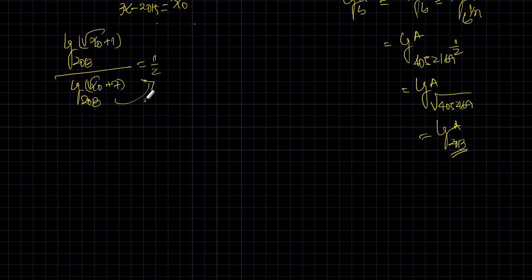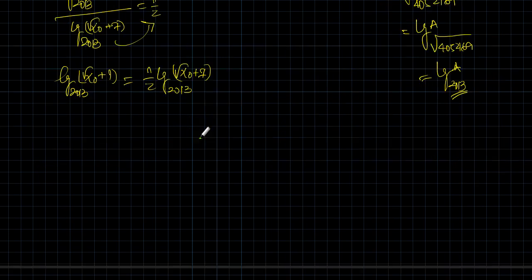This one will multiply this, so I'm going to have log base 2013 square root of x0 plus 1 equals a half log base 2013 of square root of x0 plus 7.